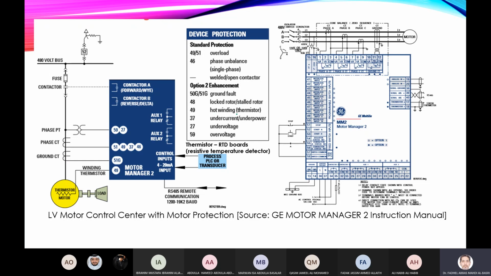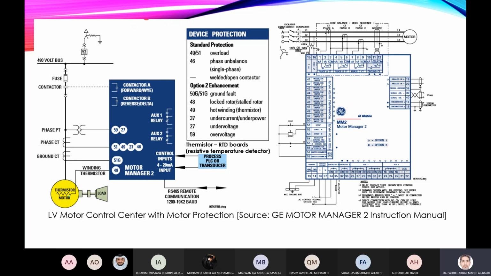We have RTDs. RTDs are resistive temperature detectors or devices. Those are designed to measure the winding or shaft temperature.